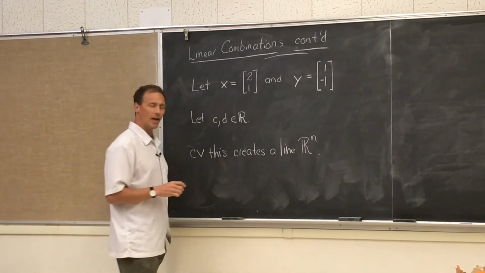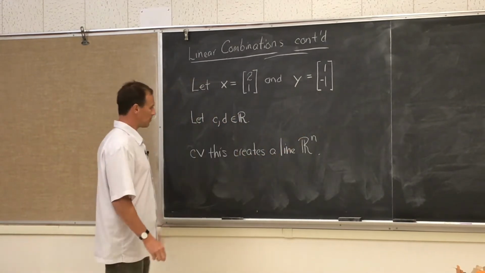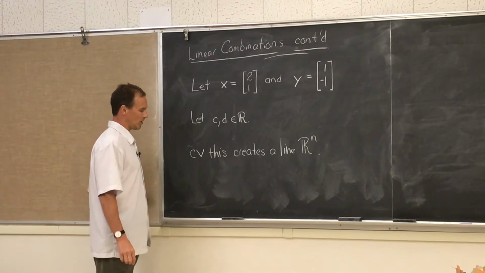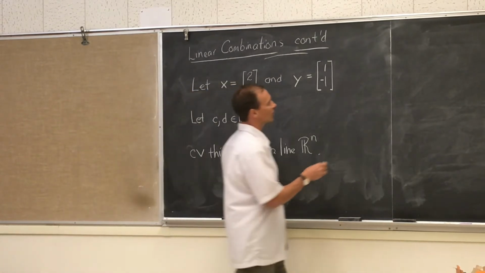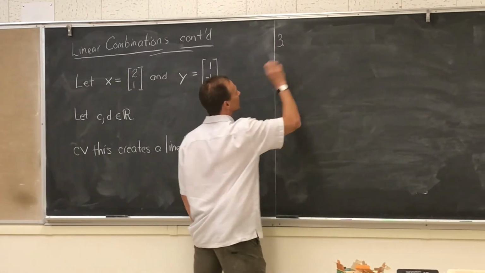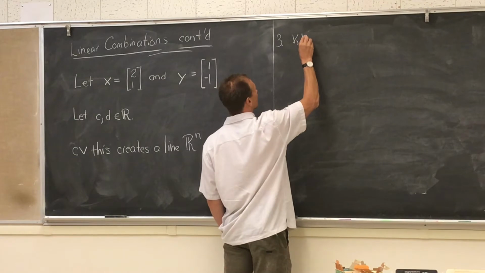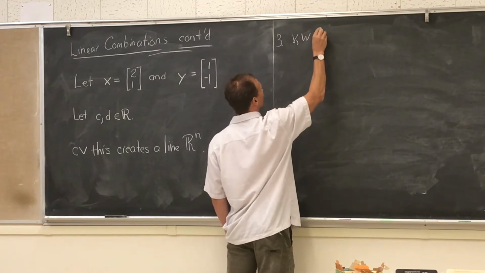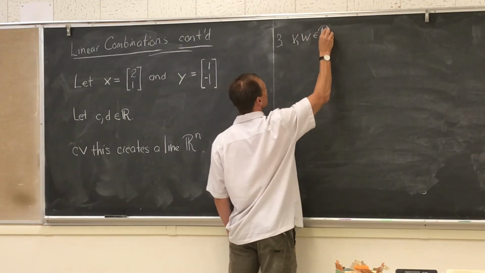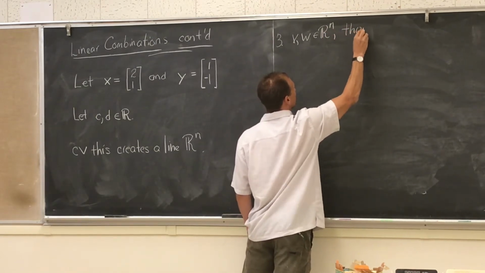So what happens now when we have two vectors? Well, we can apply our principles of linear combinations. And that is our third one. So our third principle is this: if I have any vector v and another vector w in Rn, then what do we have?